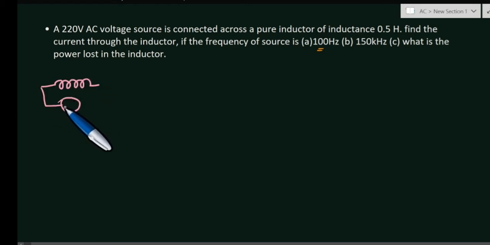So this is a pure inductive circuit, that is the inductor is connected to an AC source, and this is 0.5 Henry they have given, and the value of voltage, that voltage is actually the Vrms, that is equal to 220 volt. Find the current through the inductor.